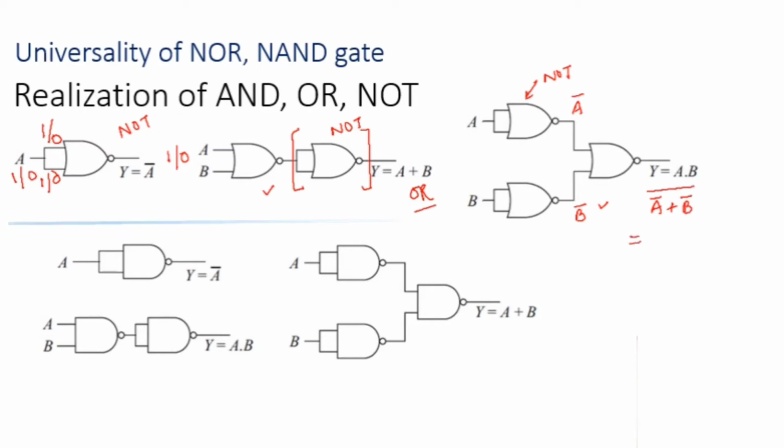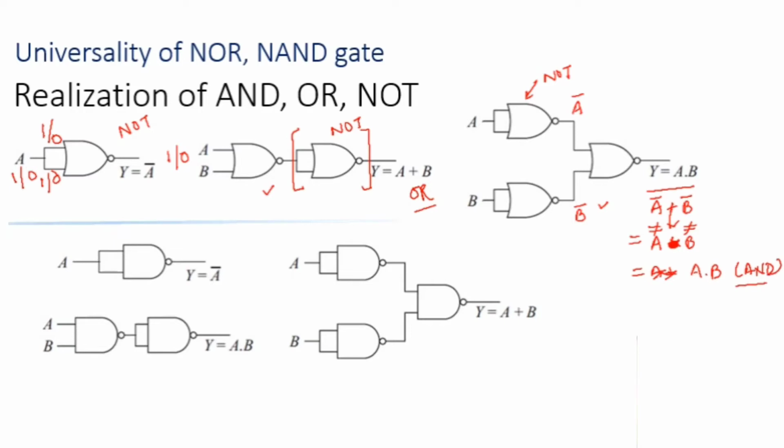So if I apply De Morgan's theorem here, then I will be getting A double bar plus B double bar. So bar will cancel out, so I will be getting A plus B. Sorry, this plus will be converted into dot, so I will be getting A dot B. So this A dot B will be considered as AND.